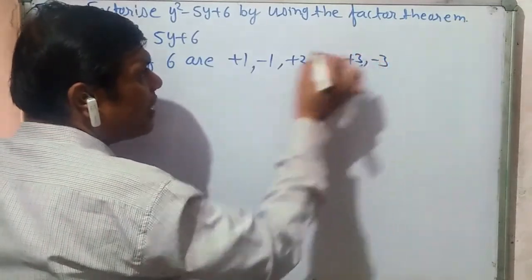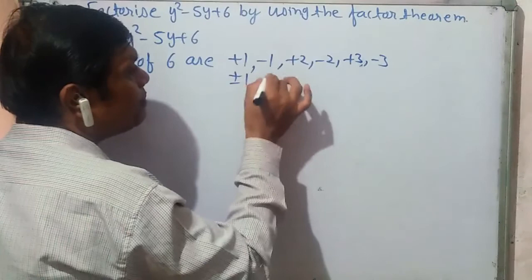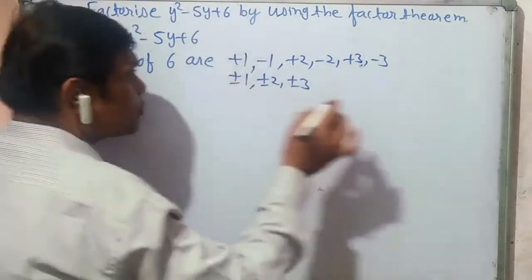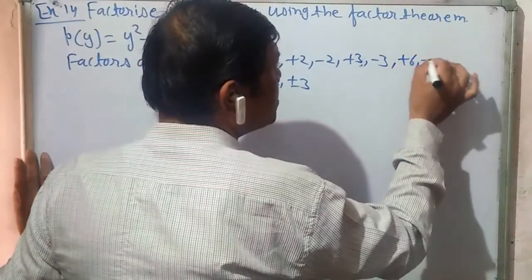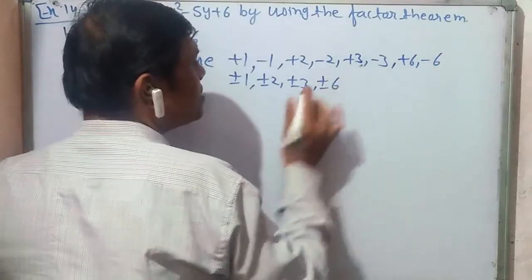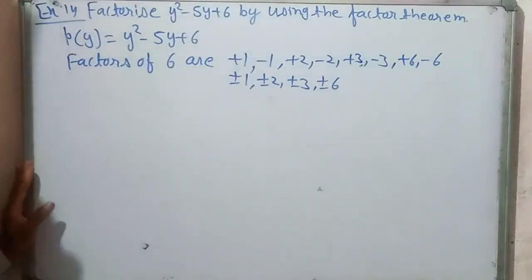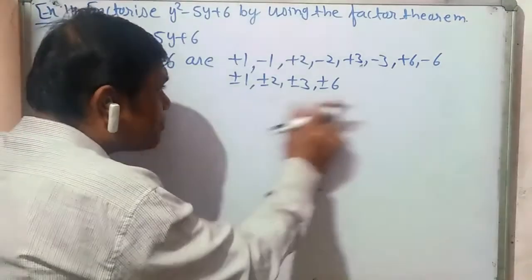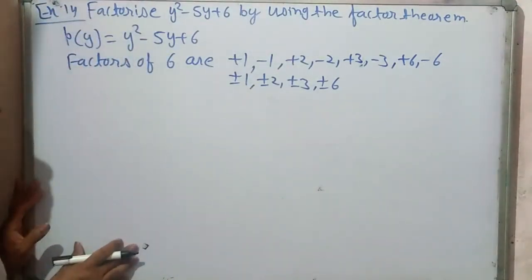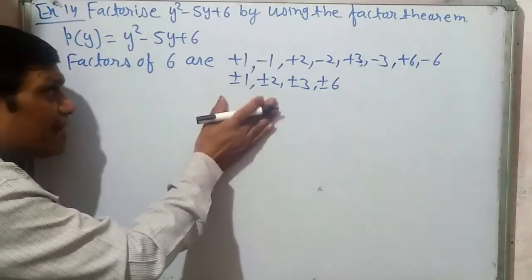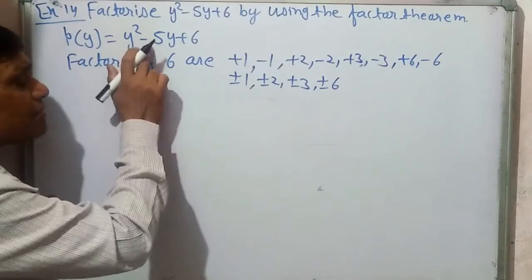So we can write this as ±1, ±2, ±3, and of course positive 6 and negative 6, so ±6. Of these factors, 1 or 2 will give the polynomial's value as 0.